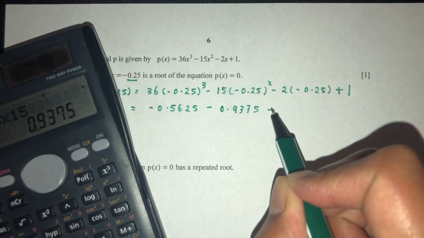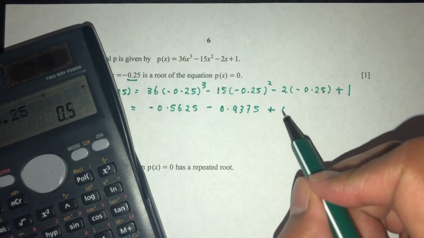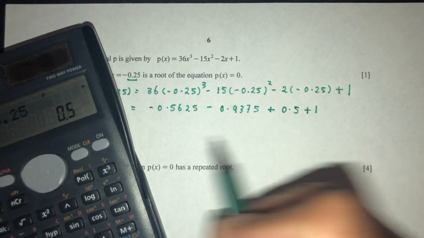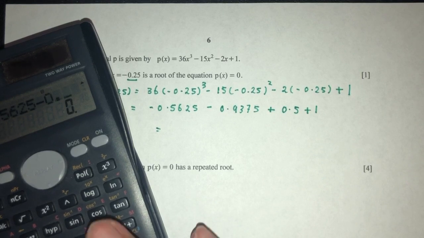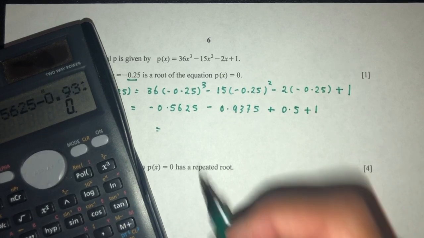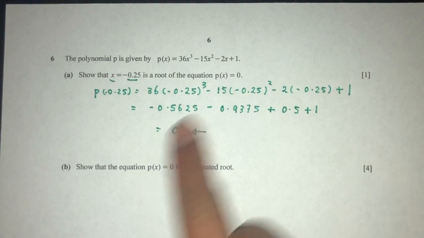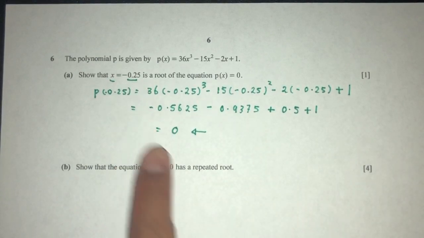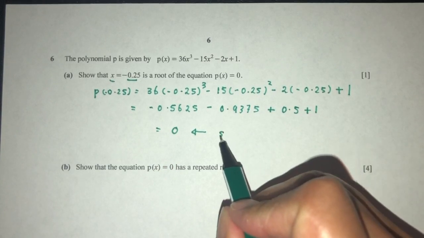Anyway, we will have plus 2 times 0.25, that will be 0.5 plus 1. So let's try. Minus 0.5625 minus 0.9375 plus 0.5 plus 1, that should be 0. Indeed, shown it is 0. So by showing that this is true, when x is this, we show this is a root of this equation. That will be shown as required for part 1.